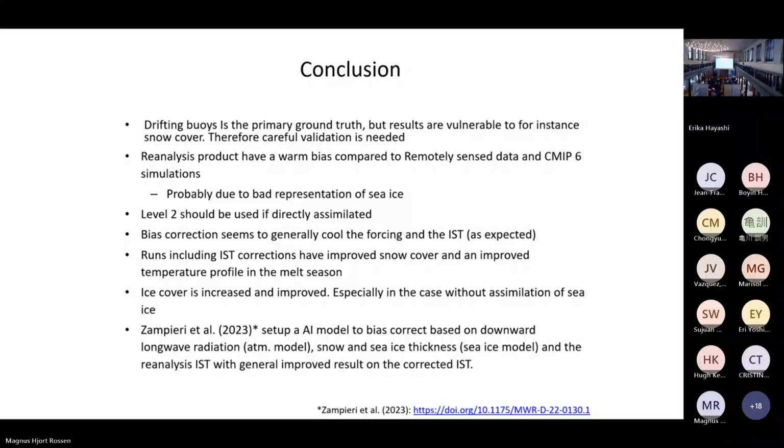And compared to the CMIP6 runs, the temperature bias is bigger, at least compared to the ensemble. And if one wanted to assimilate, I would strongly encourage to go to a level 2 product, because with such a big change in your surface temperatures, it's really important to have the exact timing of your observation.